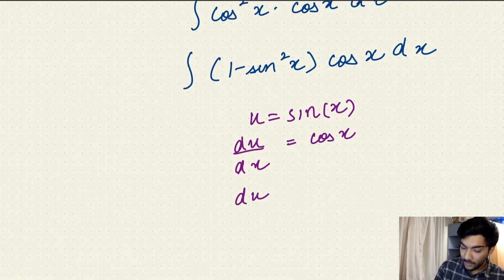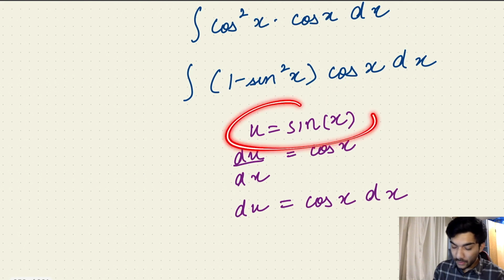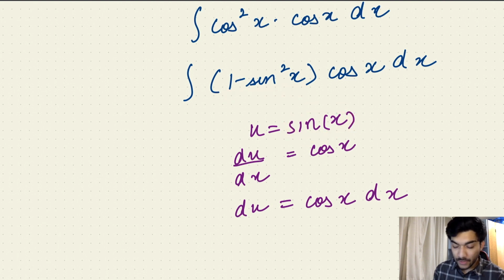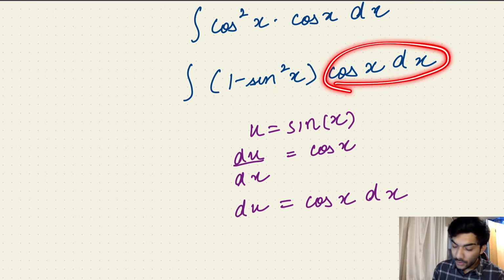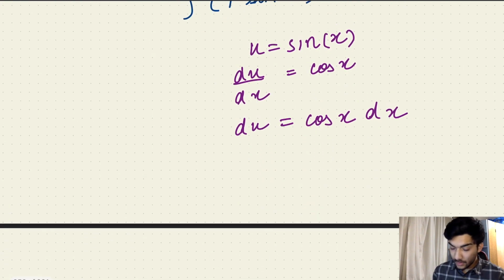And if we shift this dx over to the other side, we will get du as cos x dx. So now when we took u equals sin x, this expression can be changed to 1 minus u square, right? Because sin x is u, so 1 minus sin² x can be changed to simply 1 minus u square over here, right? And this cos x dx term can be easily changed to du, right?